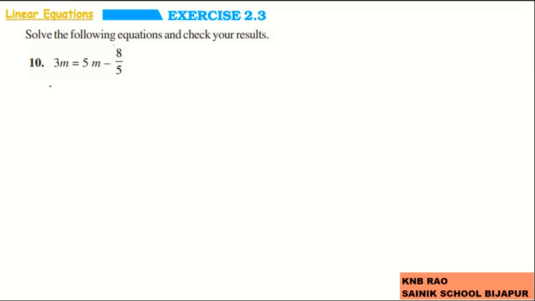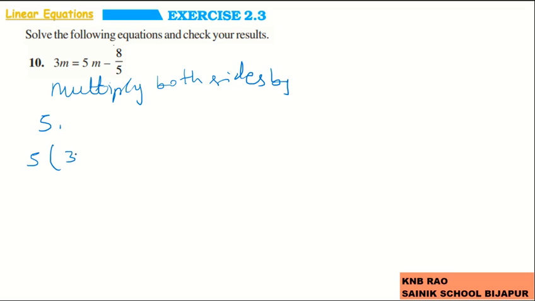The same procedure, multiply both sides by 5, because there is only one denominator, 5. So 5 into 3m equals 5 into (5m minus 8 upon 5).